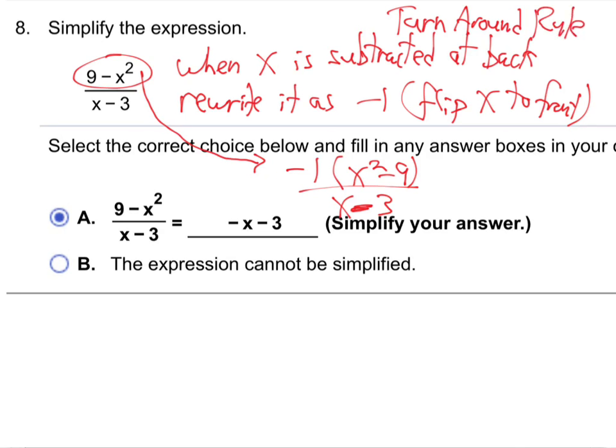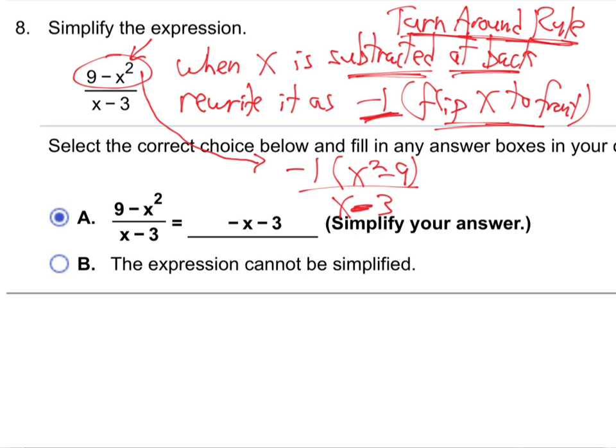No one else calls it that, but turnaround rule. So when do you do that? When x or x squared, doesn't matter, any kind of x is subtracted at the back. See how that x is subtracted at the back? We like them in the front, don't we? We want the x's in the front. So when x is subtracted at the back, pull a -1 to the front, and then you can flip it. It's the same thing. You haven't changed anything.